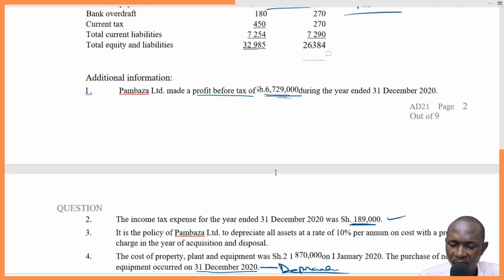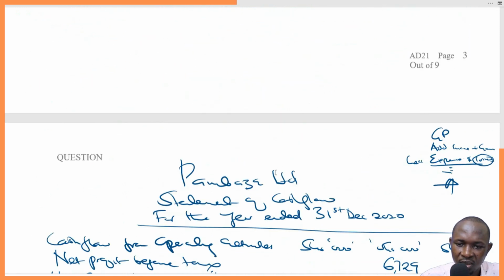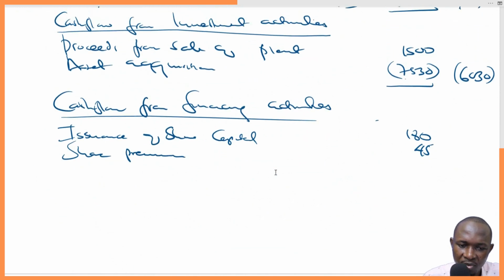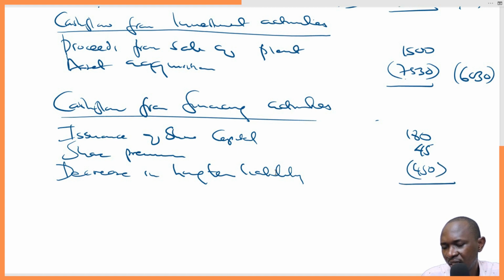So long-term liability, we talk of decrease in long-term liability. Decrease in long-term liability by 450. So we show it like that.